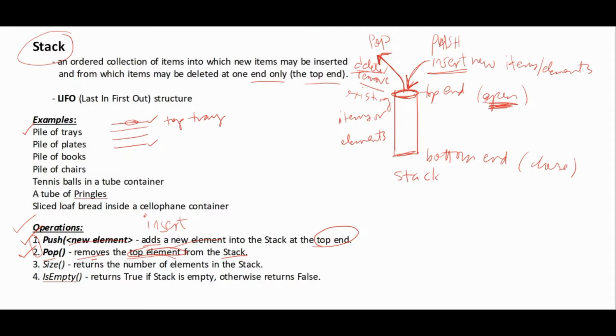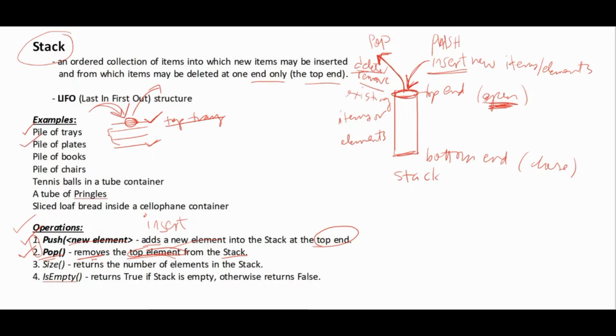You don't get the tray at the middle part. Worse, you don't get the tray at the bottom. You always, by default, remove the top tray. Okay, so that is the pop operation. You remove the top element from the stack. And when you insert or add a new tray, you place it also on top. So you remove the top tray, and you place new trays on top.